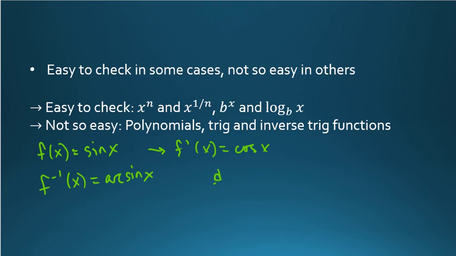So by the inverse function theorem, d dx of arcsine x, the derivative of arcsine x, would be 1 over the cosine of the arcsine of x.